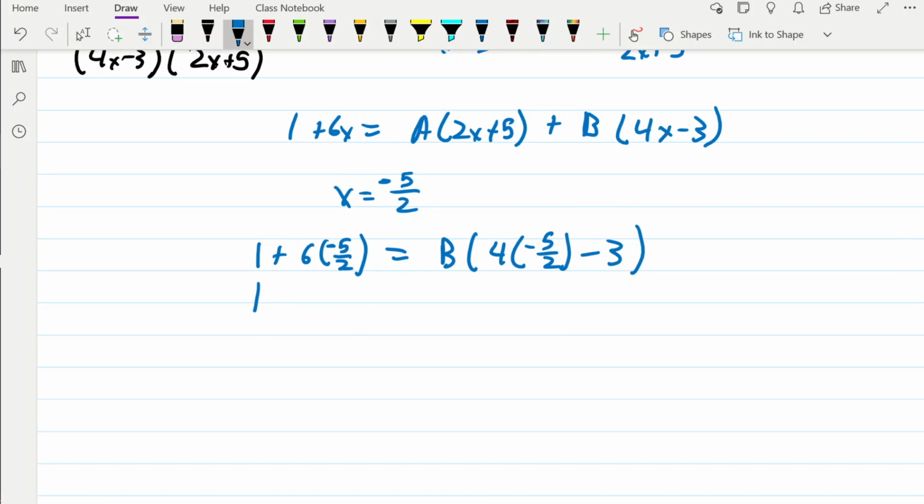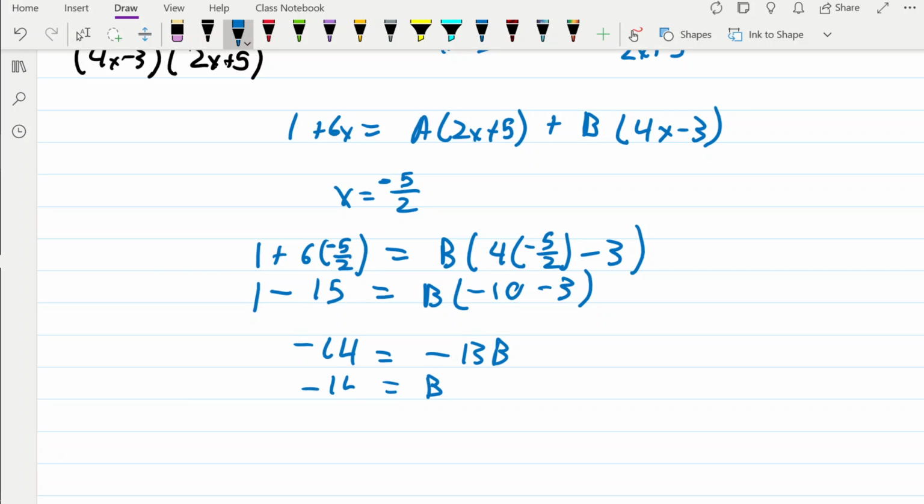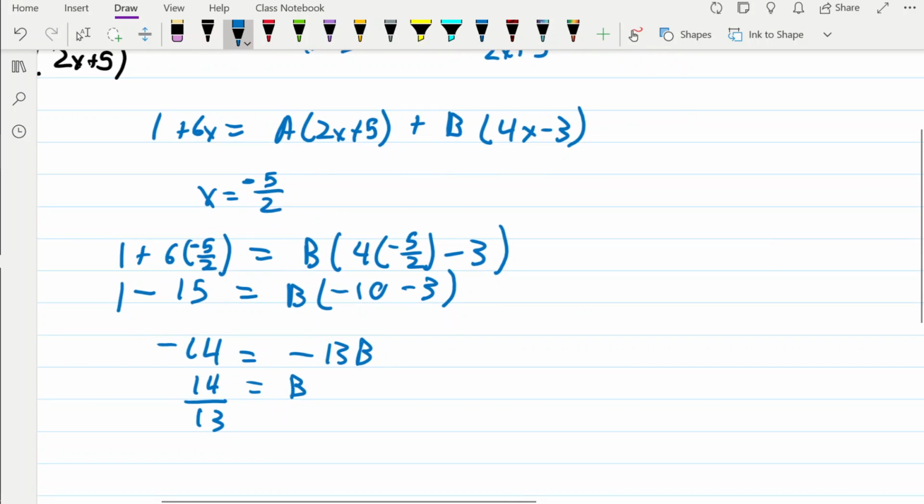So then we got 1 minus, so that's 30 divided by 2, that'll be minus 15, equals b. This is going to be negative 10 minus 3, which means we get negative 14 equals b times, or negative 13b. So b equals 14 over 13 because the negatives cancel.